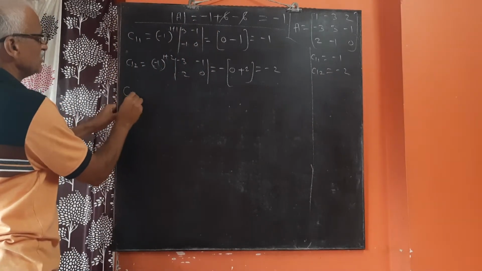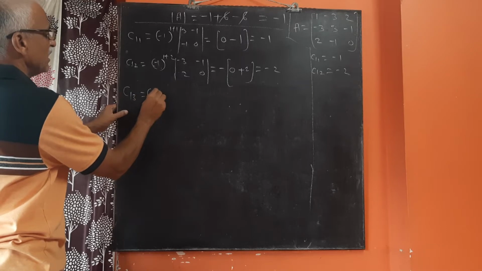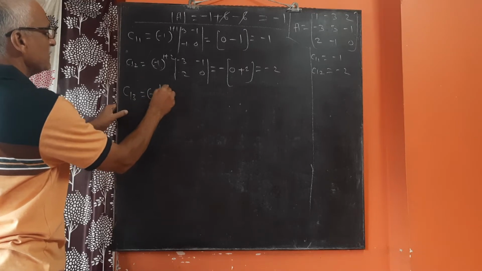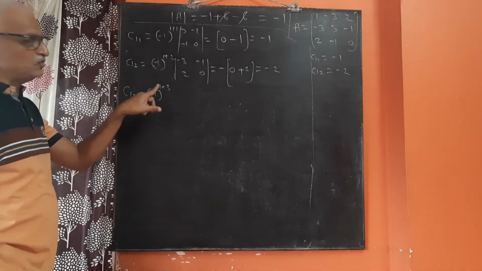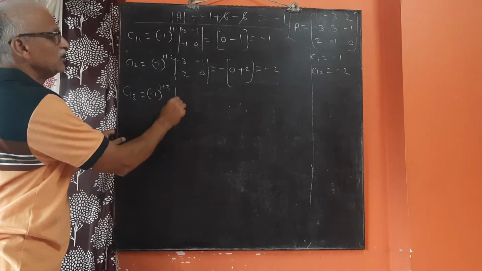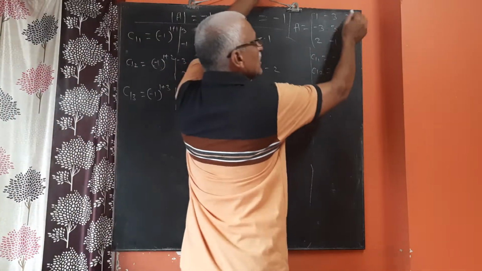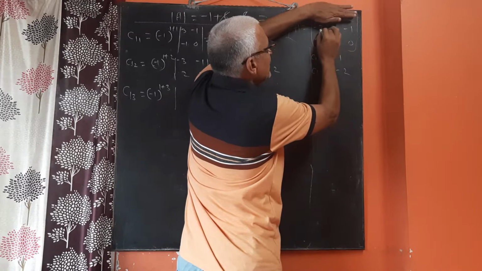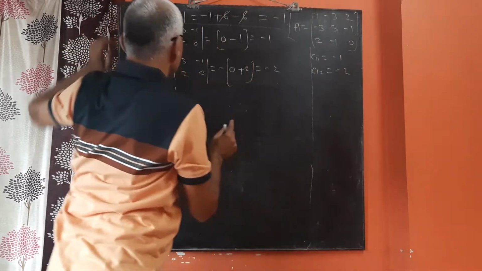Then comes C13 is equals to minus 1 raised to 1 plus 3 into determinant of C13. Means this position, this row and this column gone, minus 3 3 2 minus 1.